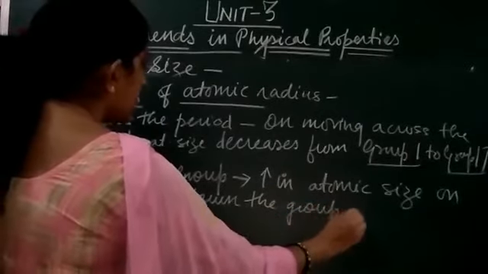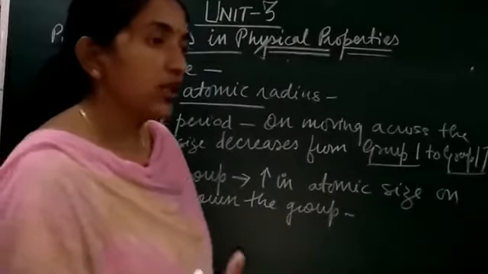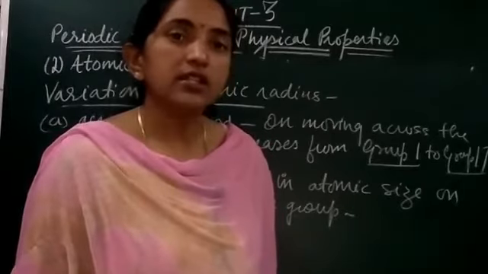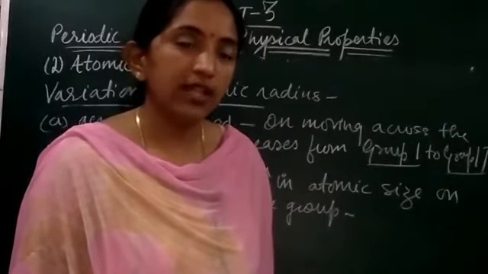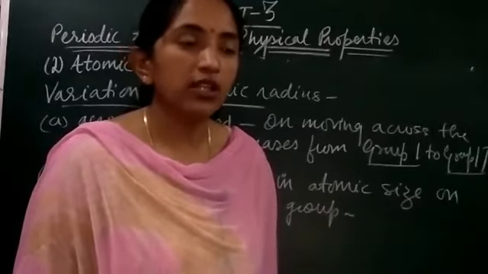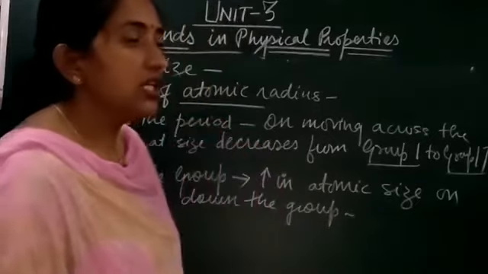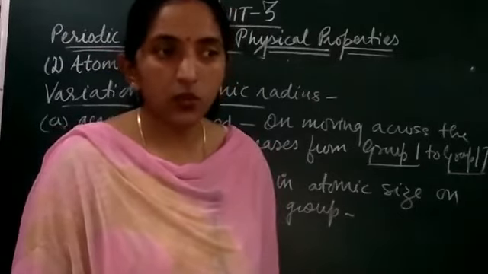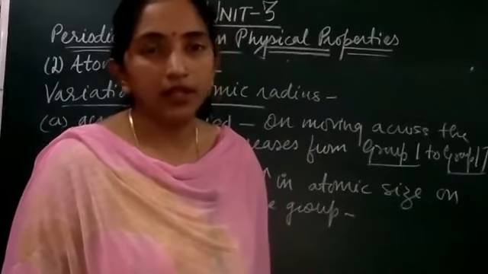Students, here what happens is that when we jump from one period to another period, that means when you're moving down the group, there is increase in the atomic number, and the incoming electron is added in a new shell. Definitely the protons are also increasing, but the increase in the shell predominates over the nuclear charge attraction. As a result, there is an increase in the atomic size of that element.